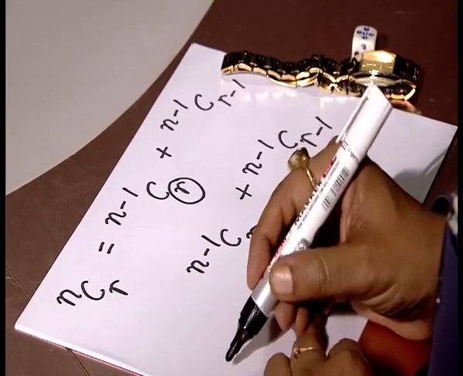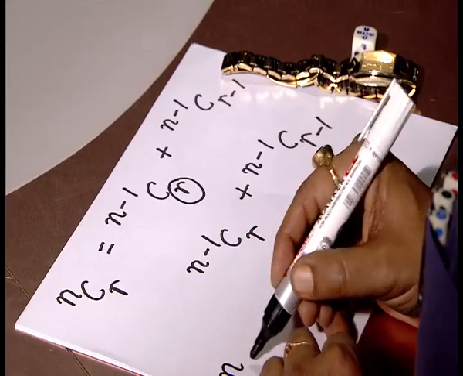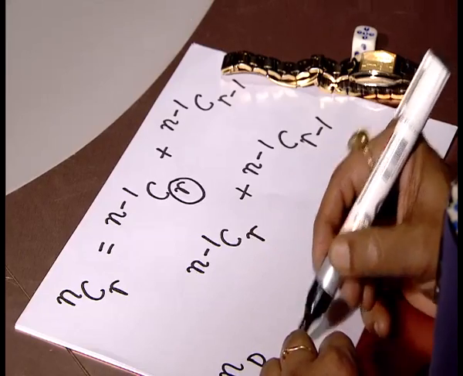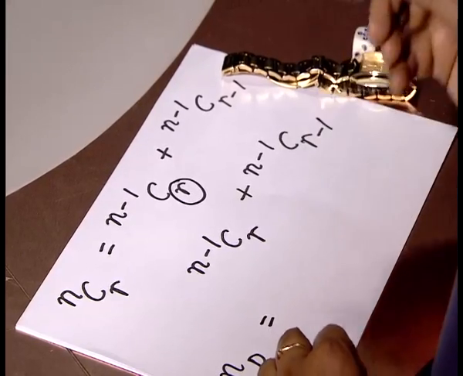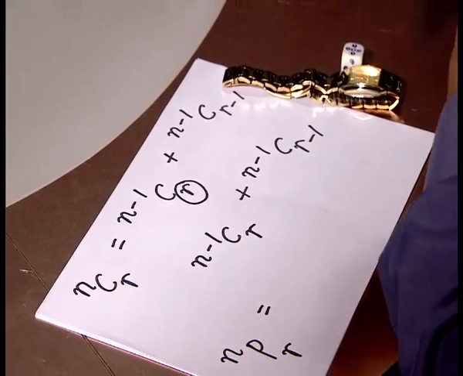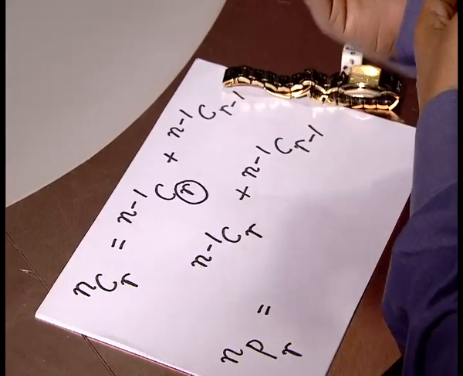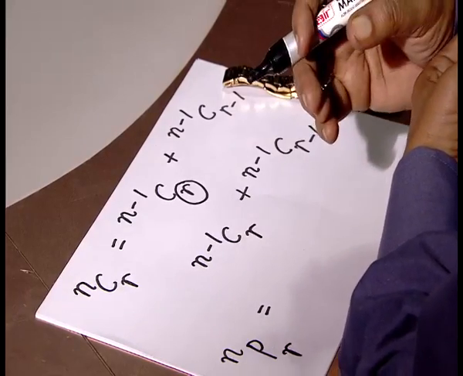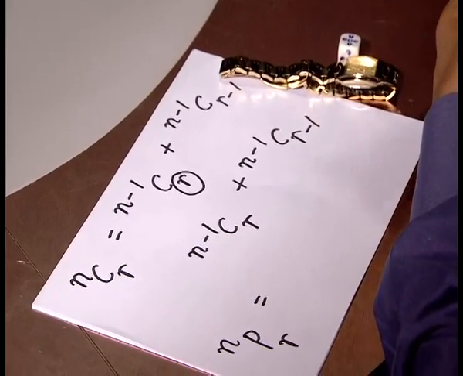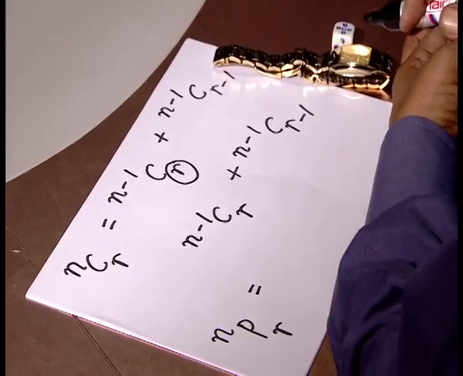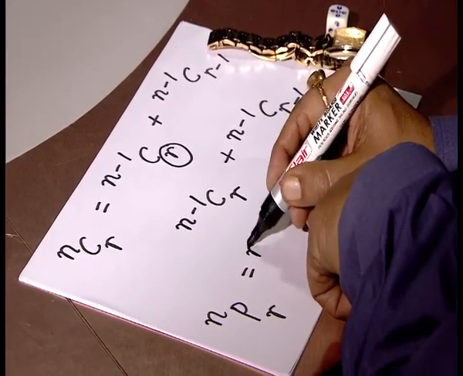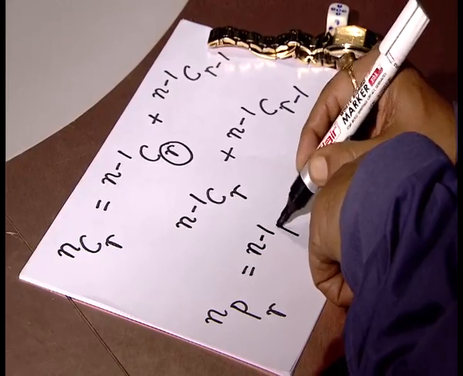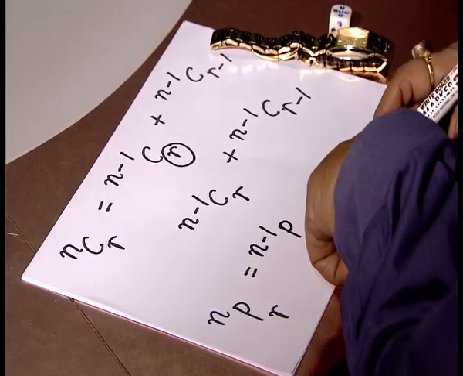Had it been the case of permutation, well, again permutation of n things taken r at a time would contain these two kinds of combination. That is, in one particular permutation, one particular thing will not be there, and in the remaining permutations, that particular thing is always there. So, if one particular thing is not there, the number of permutations would be n minus 1 P r.